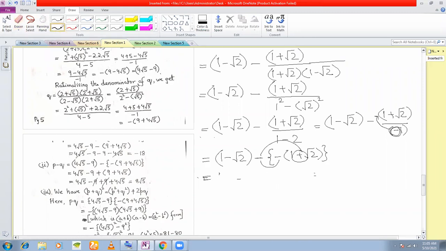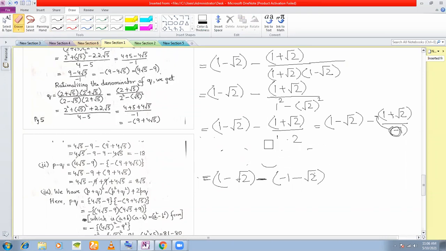That 1 minus root 2. Now what you do here is you keep the minus sign here, okay? And you introduce the minus sign inside. So how much do you get? Minus 1 minus root 2. Okay, let me write this step once again for you. One minus root 2, and we are carrying the negative sign to the numerator.